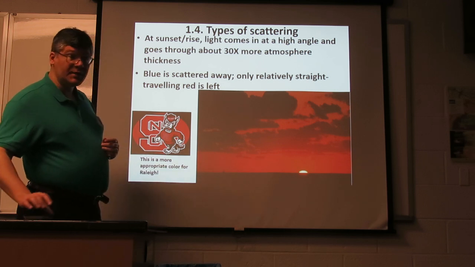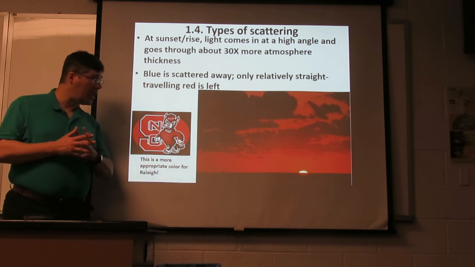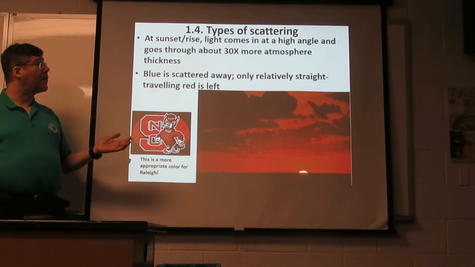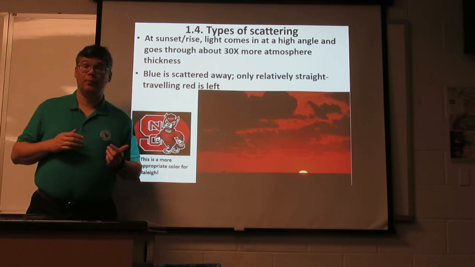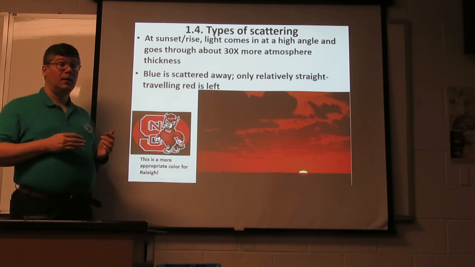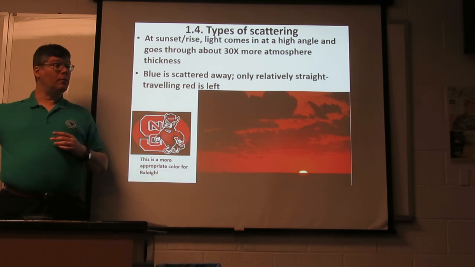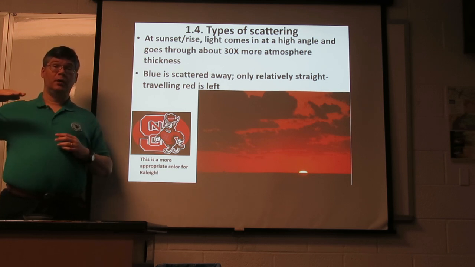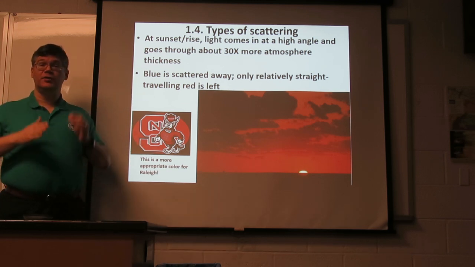But there are times when the sky is not blue. At sunset or sunrise, things tend to look more red. Well, the sun's at a very low angle, so that light has to come through quite a lot of air. It's going very much diagonally through the air instead of straight down.